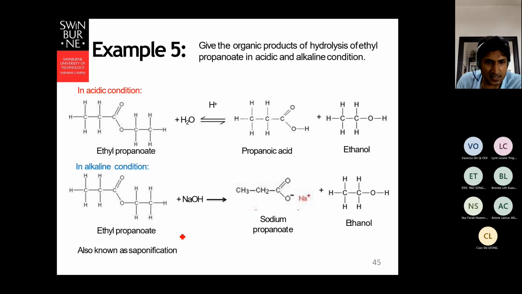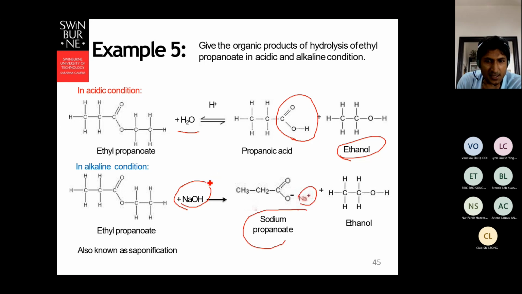Some of the examples here: esters react with water, producing carboxylic acid, propionic acid, and ethanol. But if it is a base, sodium propanoate, the sodium ion comes next to it. Sodium, Na, sodium metal, is positively charged, so it is actually an electrophile.